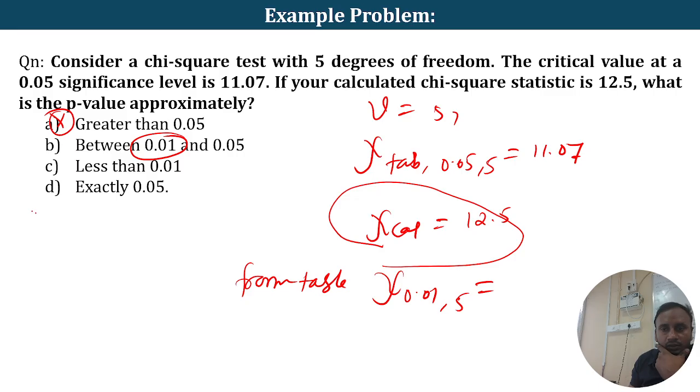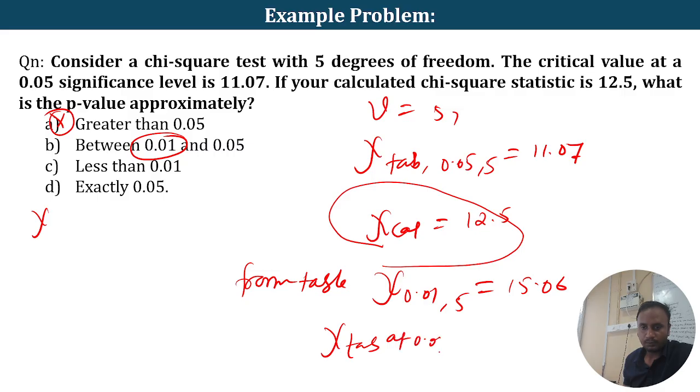So it came 15.06. It means this x tabulated at 0.1 is greater than x calculated. So this can't be the answer. Exactly, also can't be the answer.